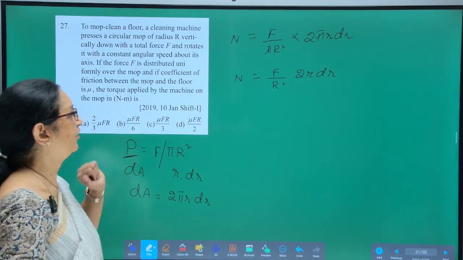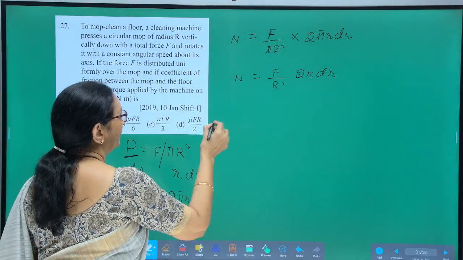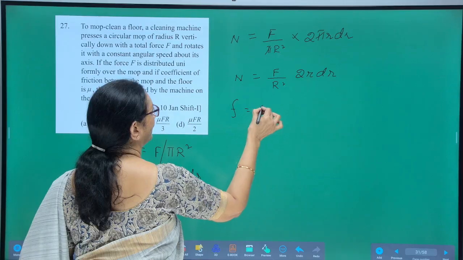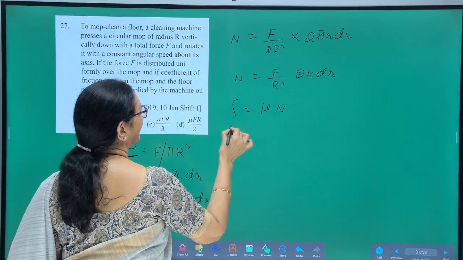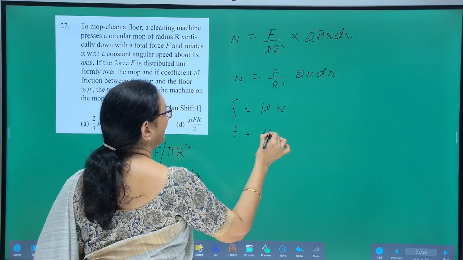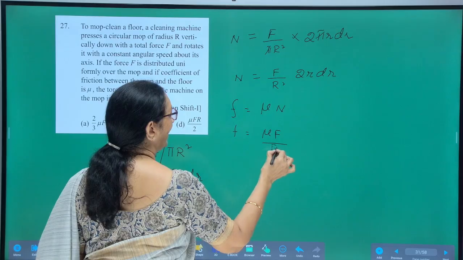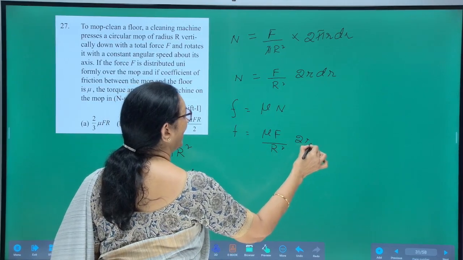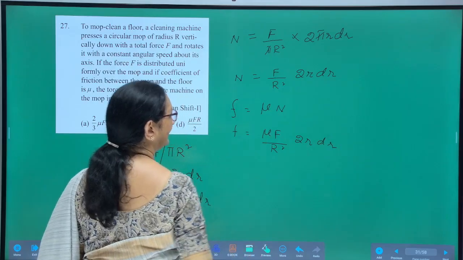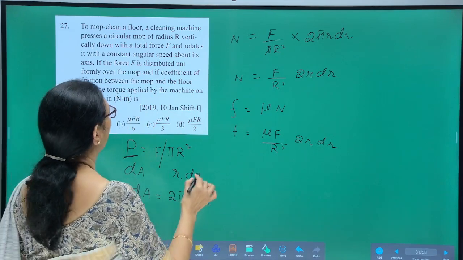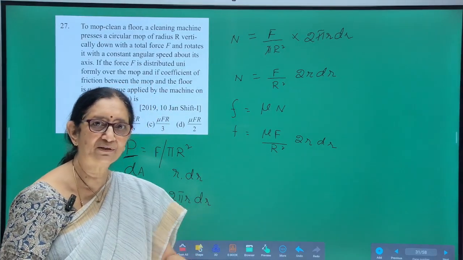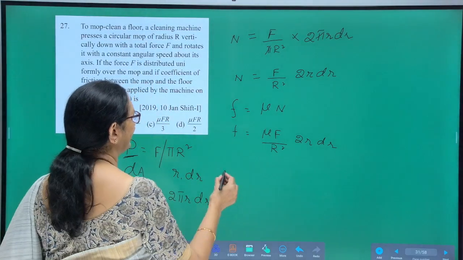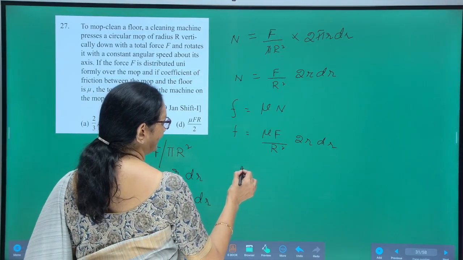That is the normal reaction. Now, frictional force is equal to mu into normal reaction. So, frictional force is equal to mu F by r square 2r dr, right? And now, the torque produced by this frictional force on that annular disc is r cross f.